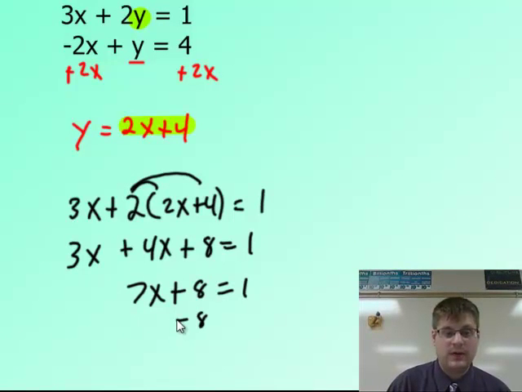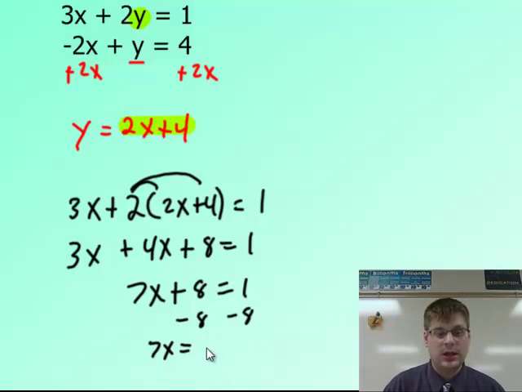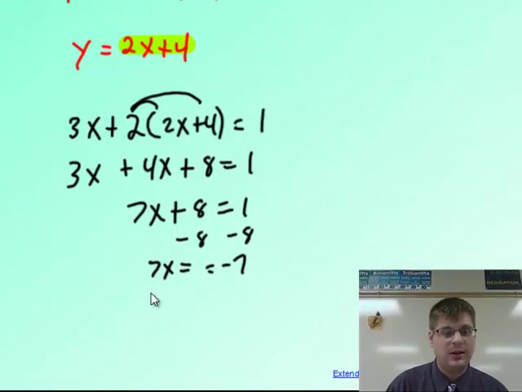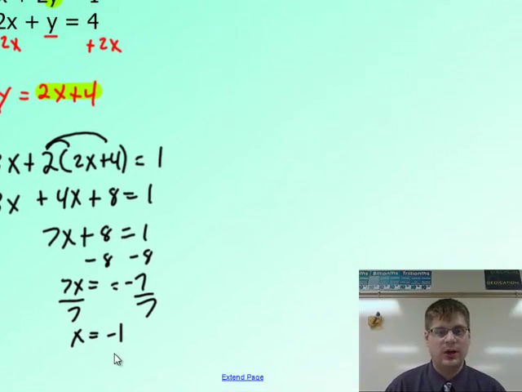We're going to subtract 8 from both sides, so 7x is equal to -7. I'm going to divide by 7, and check it out, x equals -1.